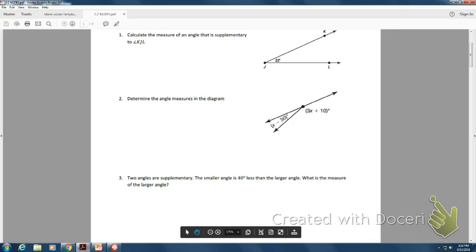What do we know about supplementary angles? Very good. They have to add and get 180. So if I have a 22 degree angle, how can I find the measure of the supplement? Very good. 180 minus 22. And what do we get? 158 degrees. So the supplement to 22 degrees is 158 degrees.